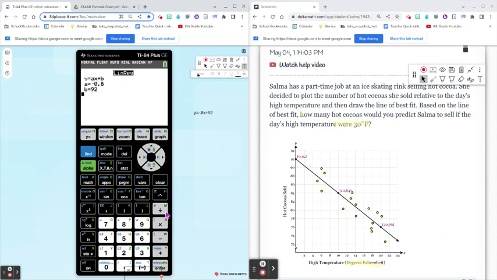Oh, I'm still on my drawing tools. Okay. Negative 0.8. We go to math, enter, enter. And negative 4/5 is the equivalent fraction for negative 0.8. So you could put it in fraction form or decimal form.